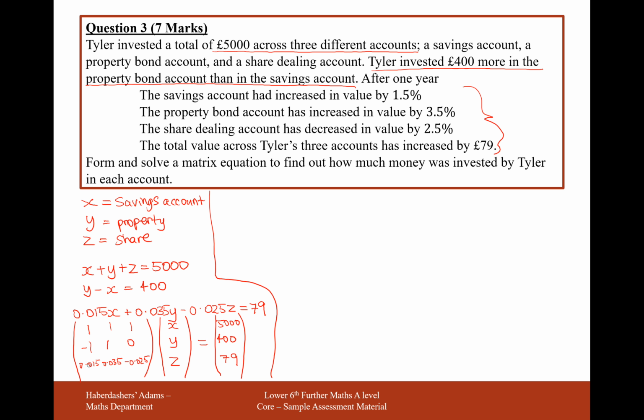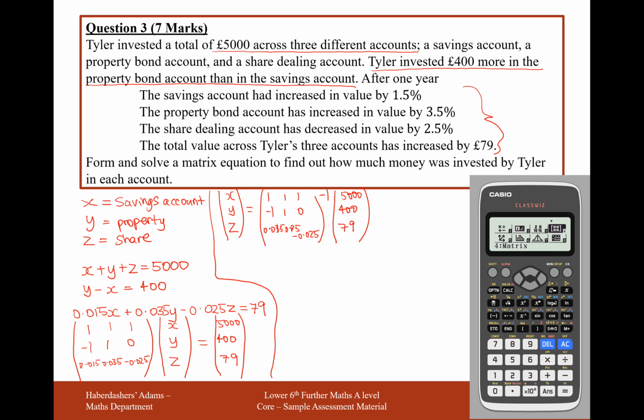So if I pre-multiply by the inverse of this matrix here onto both sides, I'm going to be left with the identity on the left hand side multiplied by x, y, and z, and on the right hand side I'm going to have the inverse of this matrix here times by our 5,479.